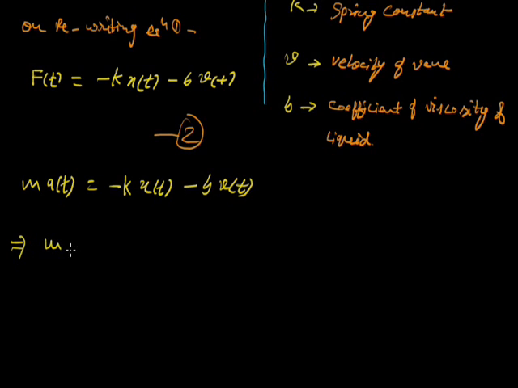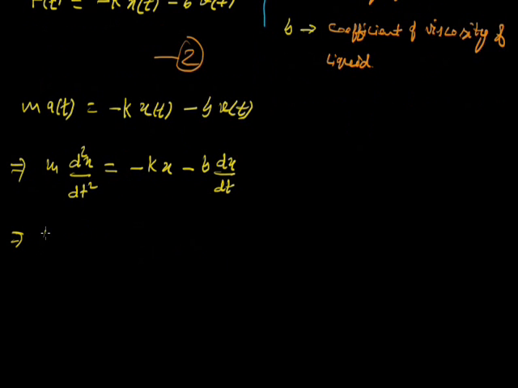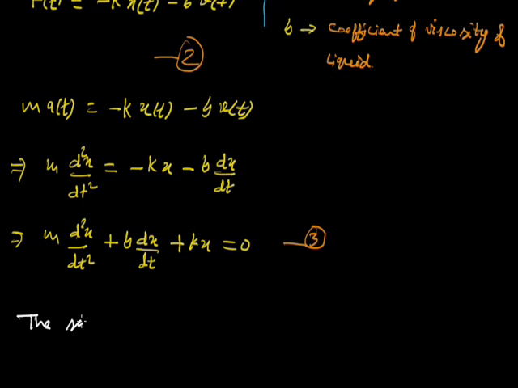Again it can be rewritten as m d²x/dt² equals minus kx minus b dx/dt, or m d²x/dt² plus b dx/dt plus kx equals 0. Consider this equation number 3.